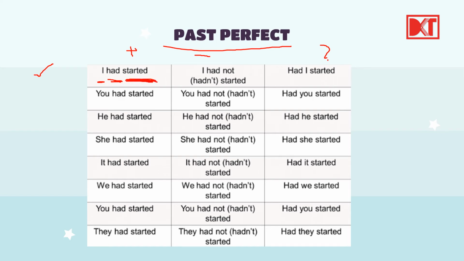For the negative, subject plus had not, because we're talking about a negative sentence, then V3 again. In the interrogative form, we use had plus the subject plus V3. This is valid for all of these, whether first person singular, second person, third person, or first, second and third person plural.